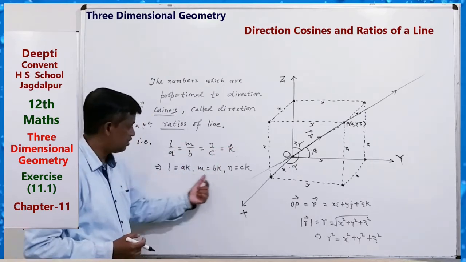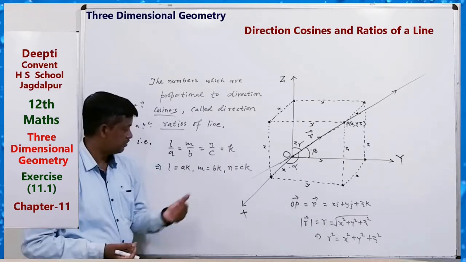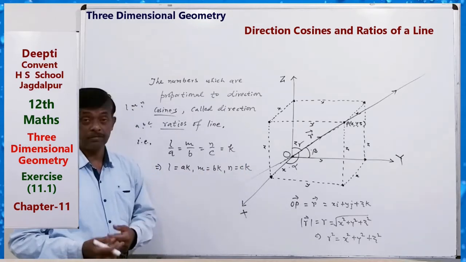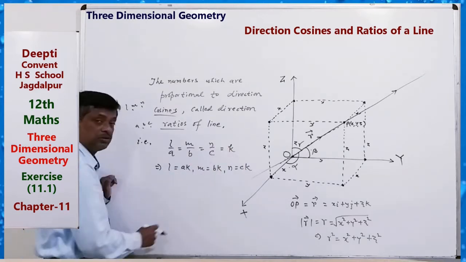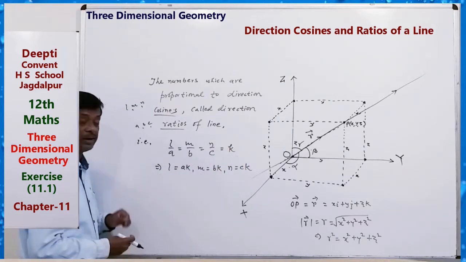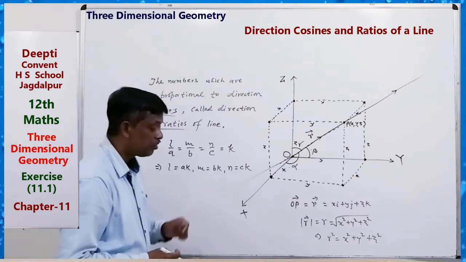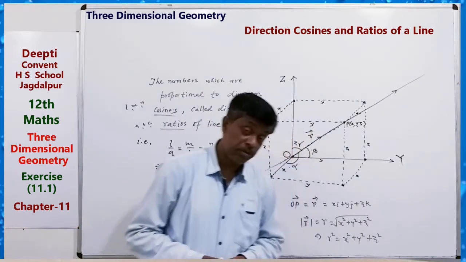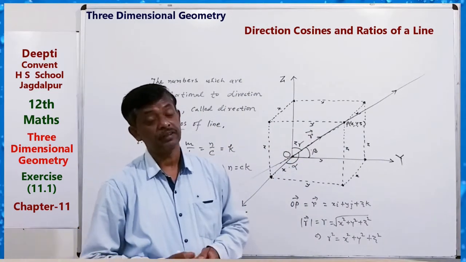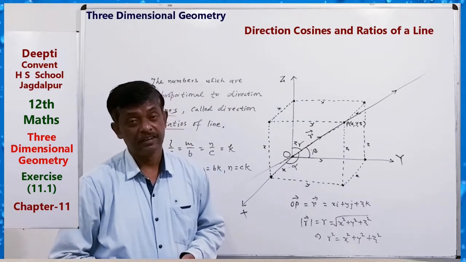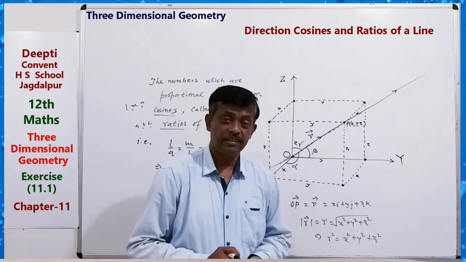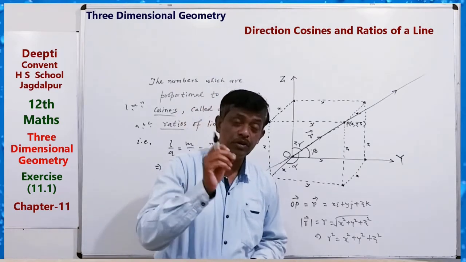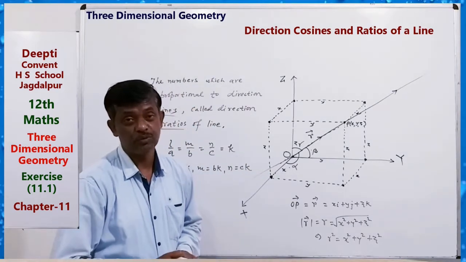Now we have direction cosines in terms of A, B, C. Here K, what is the value of the constant? From here we can find it. We know from the previous class that the sum of squares of direction cosines equals 1.